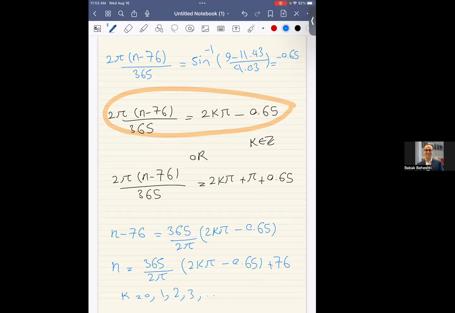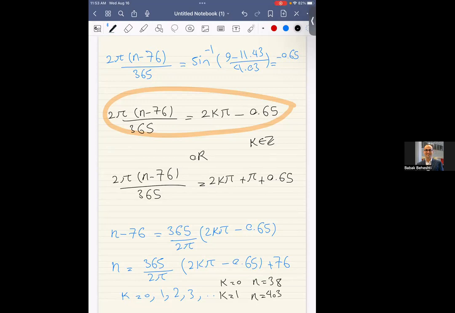That's right. How about k equal to 0? For k equal to 0, n is 38. And k equal to 1, n would be 403.